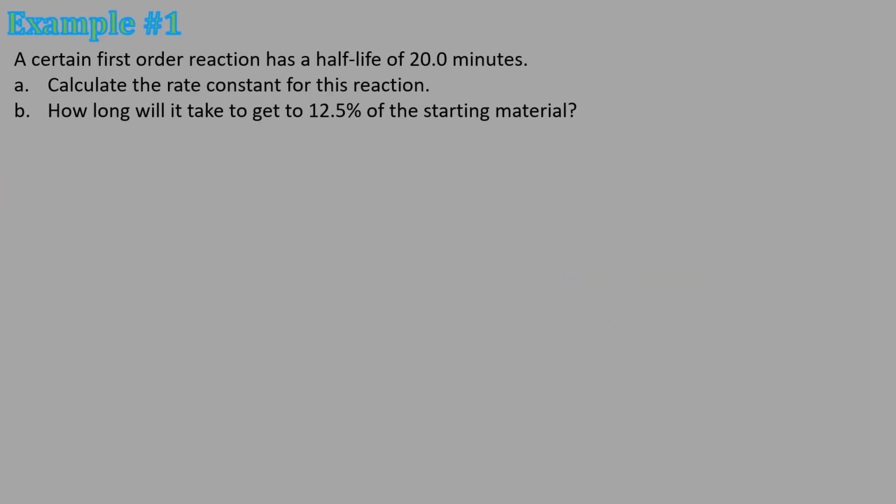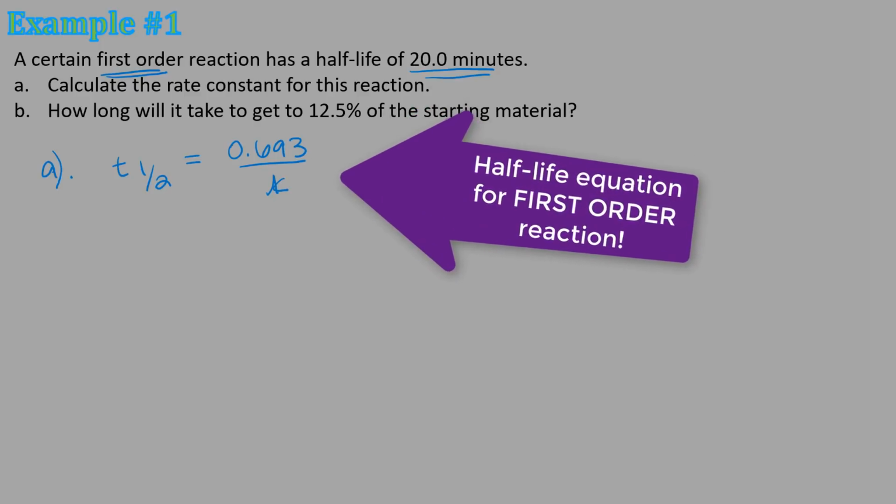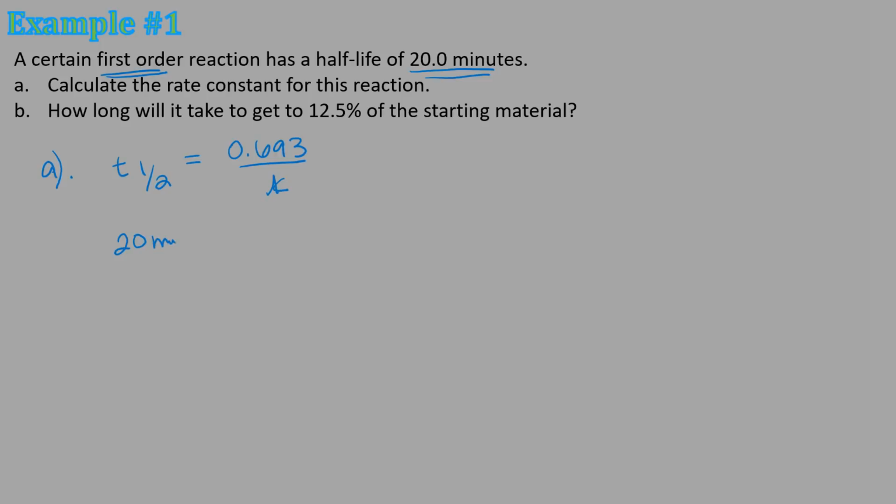All right, so example 1. A certain first-order reaction has a half-life of 20 minutes. So it says it's first order, and the half-life is 20 minutes long. Calculate the rate constant. So the first equation here is going to be the half-life is equal to 0.693 divided by K. I know that my half-life is 20 minutes, and that's 0.693 divided by K. Multiply by K on both sides.